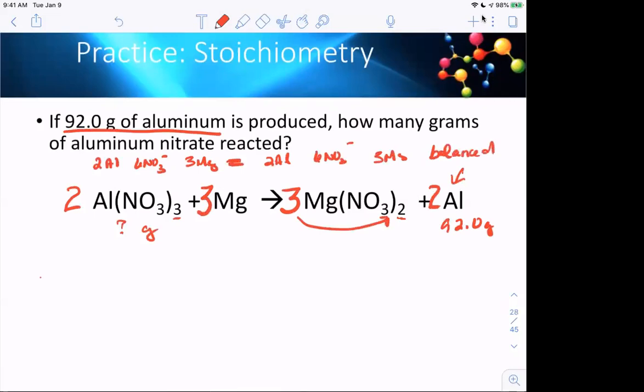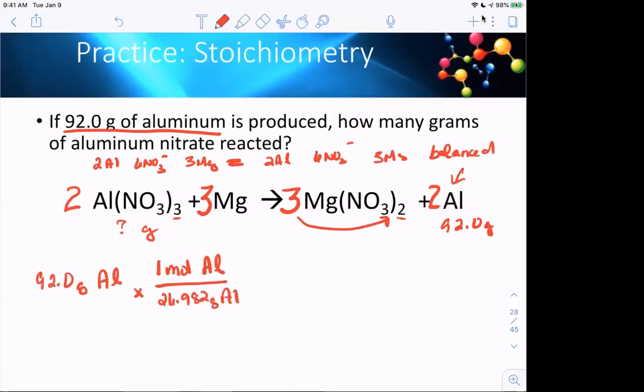So if I start out with 92.0 grams of aluminum, I'm going to convert grams to moles of aluminum. For every 1 mole of aluminum, I'm going to look on my periodic table, and I'm going to see that for every 1 mole of aluminum, I have 26.982 grams of aluminum.